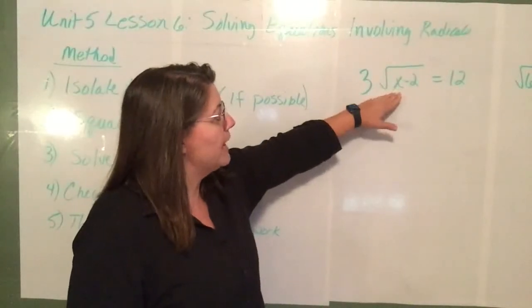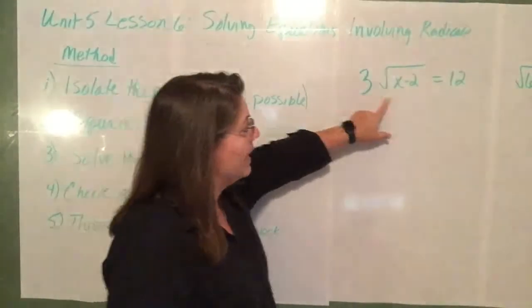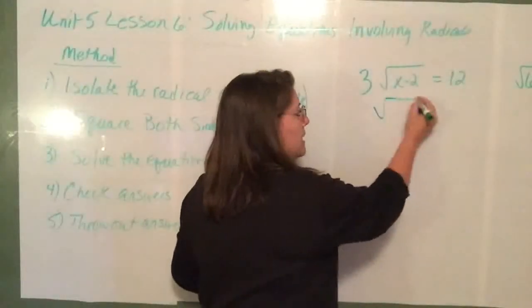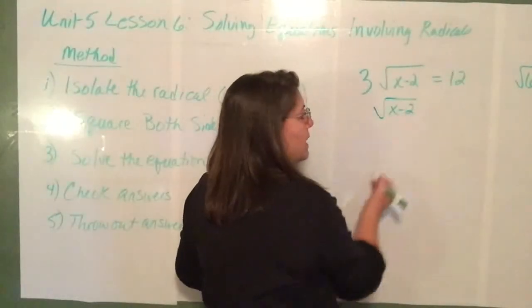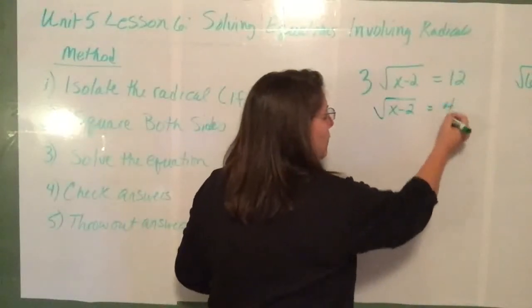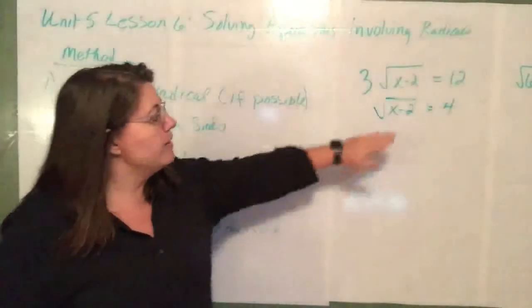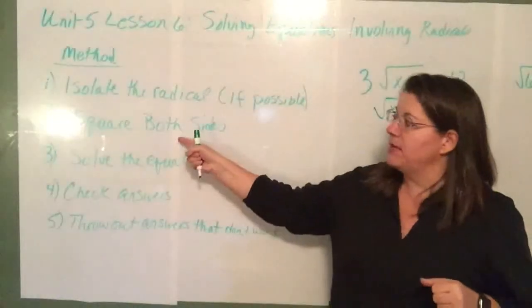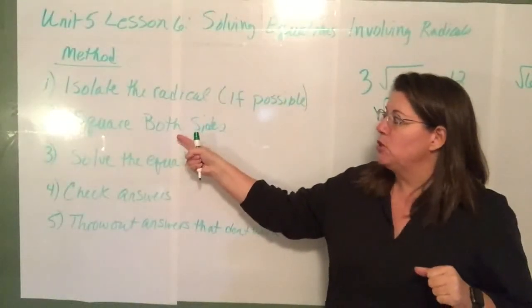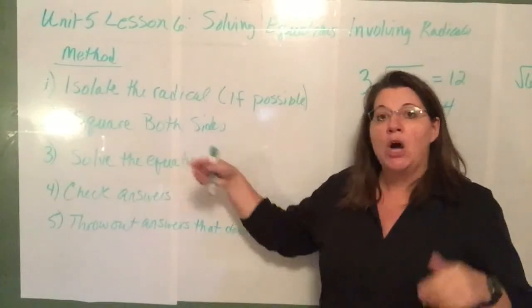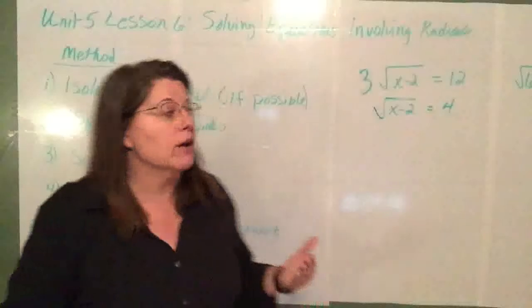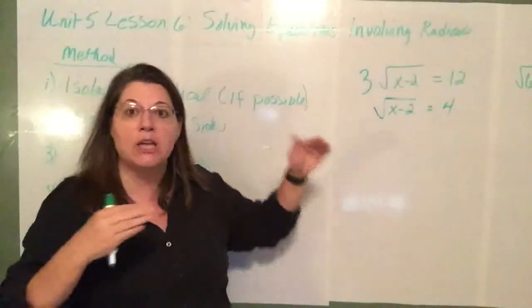In order to do that, I'm going to divide both sides by 3. When I divide the left side by 3, I end up with the square root of x minus 2 equals 4. And then once the radical is by itself, step 2 in the method says to square both sides. Hopefully you remember from our work with radicals that when you square a square root, they undo each other.